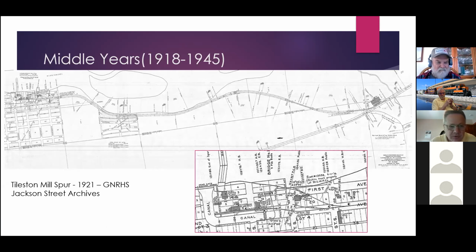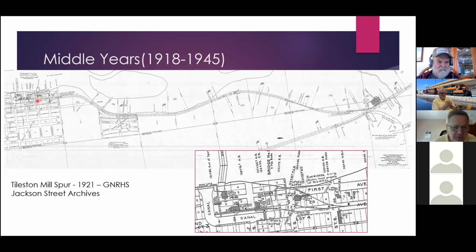This shows the Tileston Mill spur in 1921, and this is about as complex as the spur got. You had the initial turnout here, 2 turnouts for the Hess Brickyard, the turnout and the track for the orphanage, the track to the NSP plant.